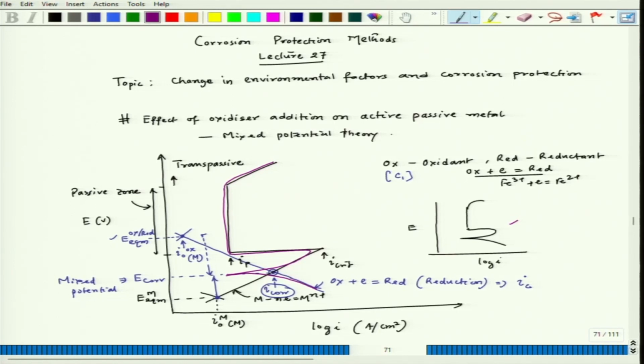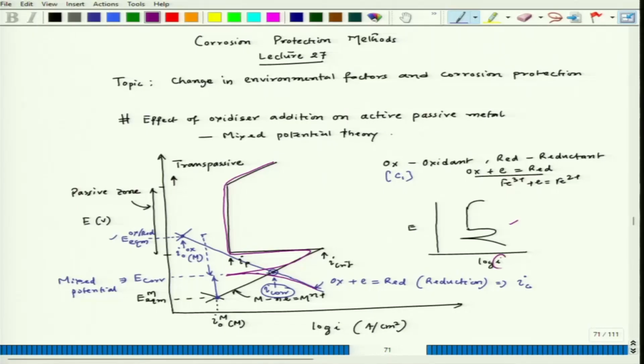This is nothing but subtraction of two current densities, IA and IC, or IC minus IA, and that becomes my applied current density, and we have to take a log of that applied current density and put it on the x axis. So, this particular current is nothing but I applied equal to IC minus IA or IA minus IC, depending on which side it is.